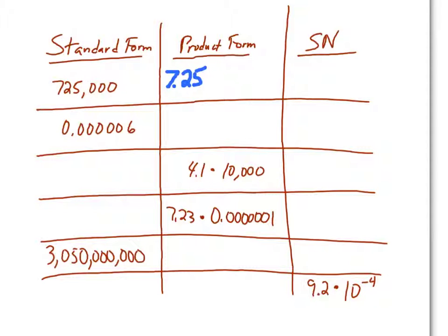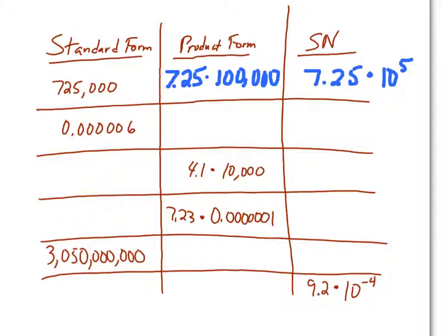To do that, I moved the decimal over 5 places. So that would be times 1 and 5 zeros. So that's called product form. And then I'm just going to say what that 100,000 is. That is 10 to the 5th power, just counting the number of zeros.